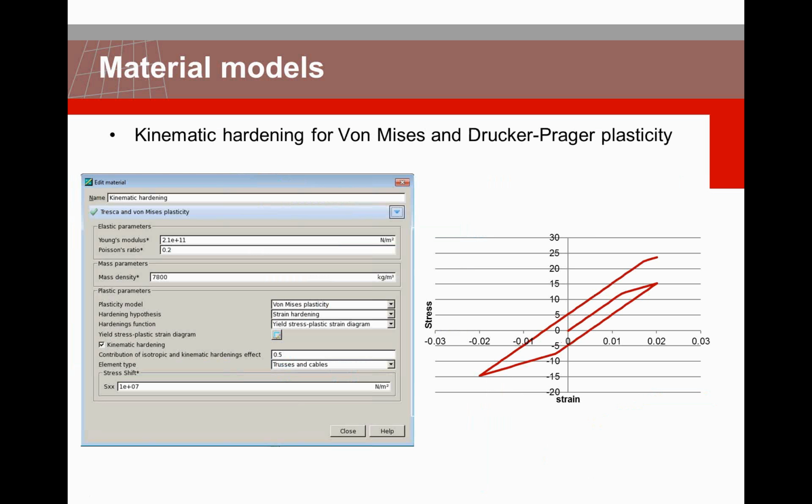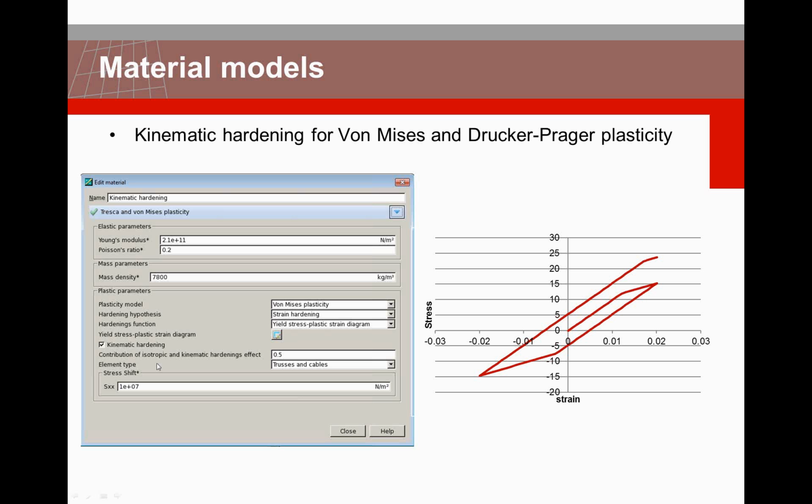We have extended the von Mises and Drucker-Prager plasticity models with kinematic hardening. So what is kinematic hardening? Kinematic hardening means that we create a kind of shift in the loading-unloading cycle of these plasticity models. And this is available for all types of elements.